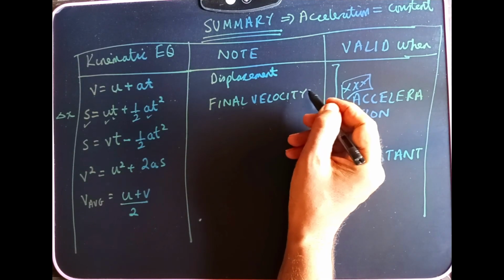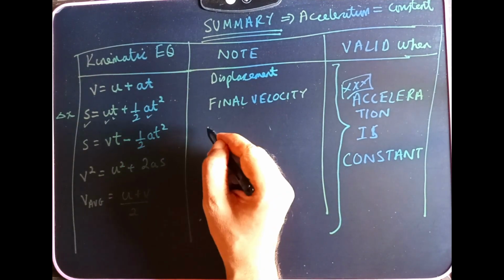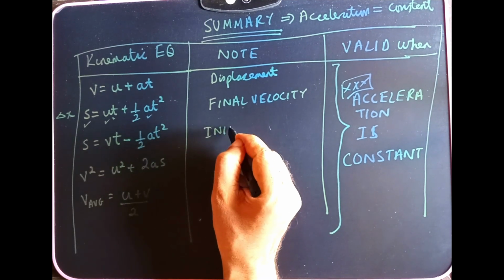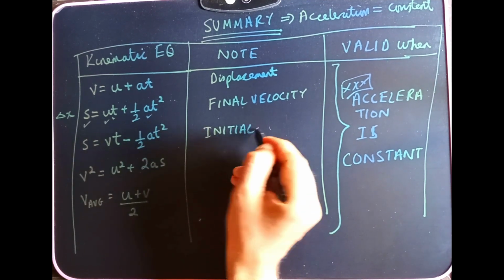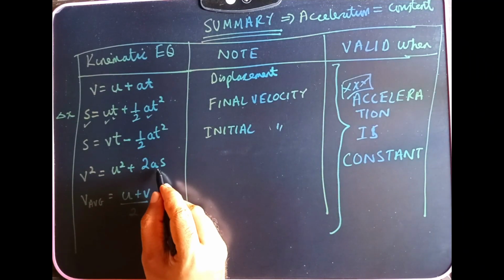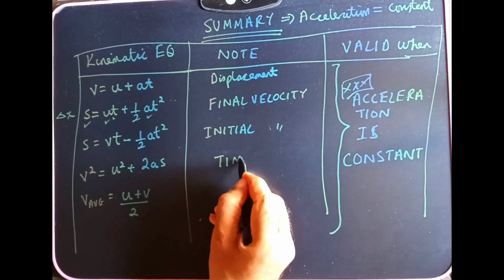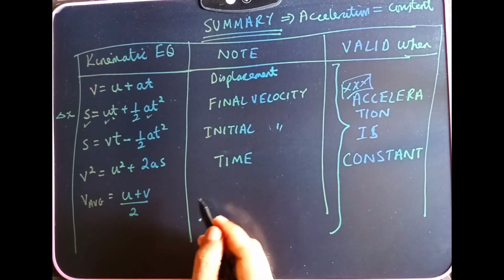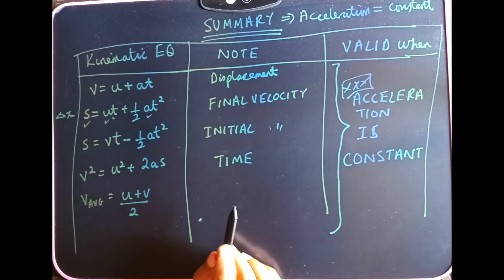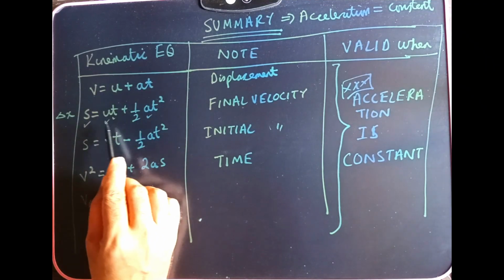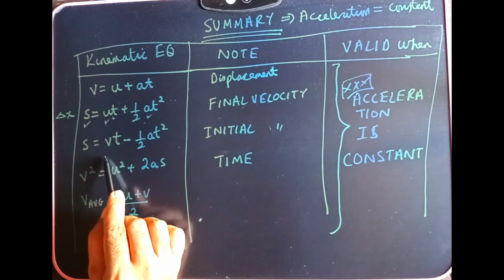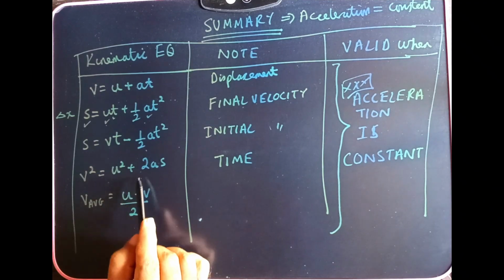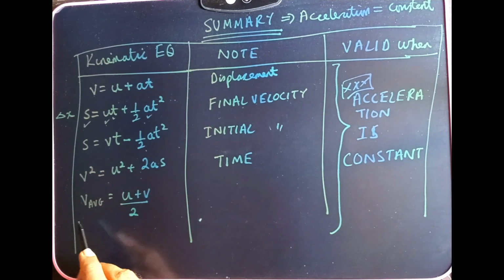Here you don't have initial velocity, and here you don't have time. So each equation is unique. This is independent of displacement, this is independent of final velocity, this is independent of initial velocity, and this is independent of time.